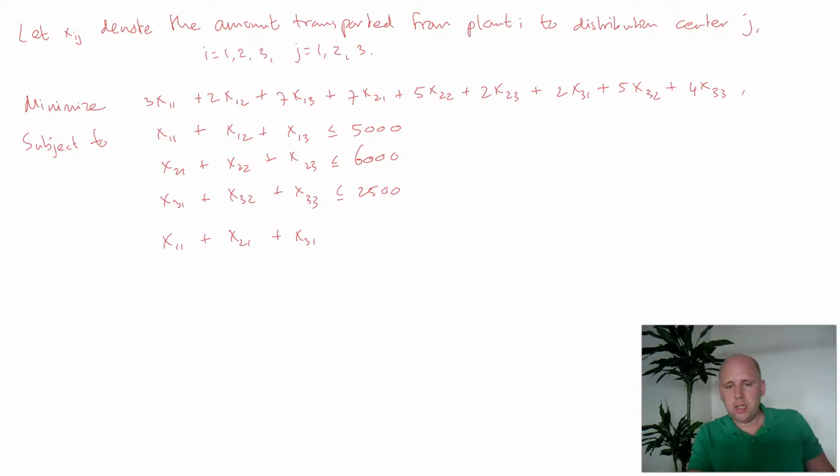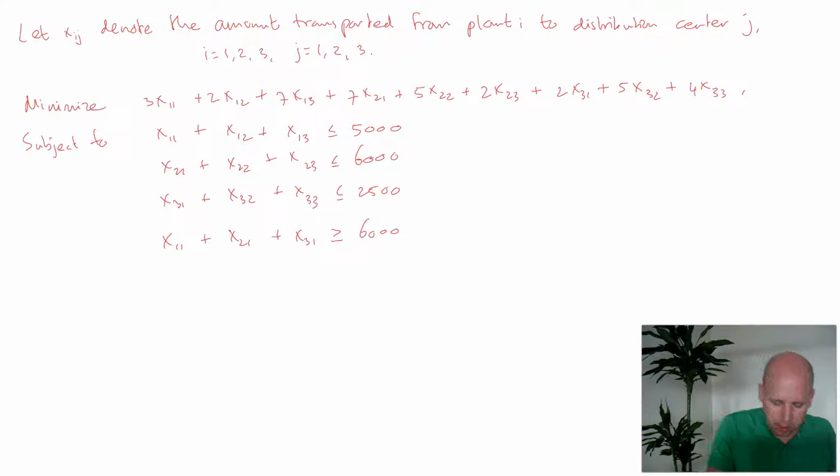We can set this exactly equal to 6,000. We can also set it greater than or equal to 6,000. It's a minimization problem, so we will in the optimal solution never ship more than 6,000. So also if you choose greater than or equal to here, then we will still ship exactly 6,000 to Boston. The same idea for Chicago and for St. Louis.